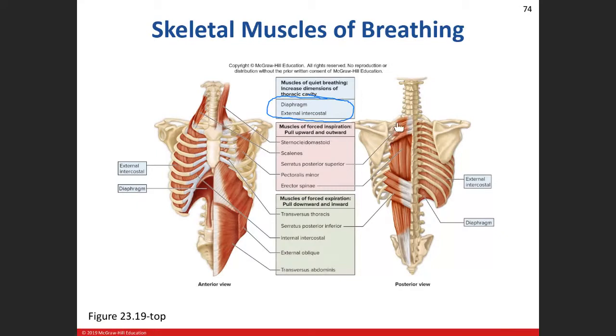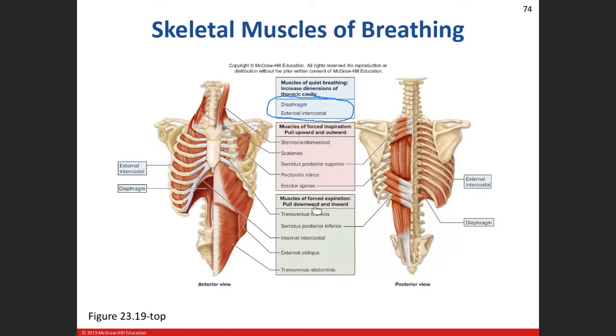It helps to elevate the upper 4 ribs during a deep breath, as do all these erector spinae muscles, especially in the thoracic region, because of their attachment sites onto these ribs. So any muscle that helps to pull the ribs up and out is going to help with forced inspiration.